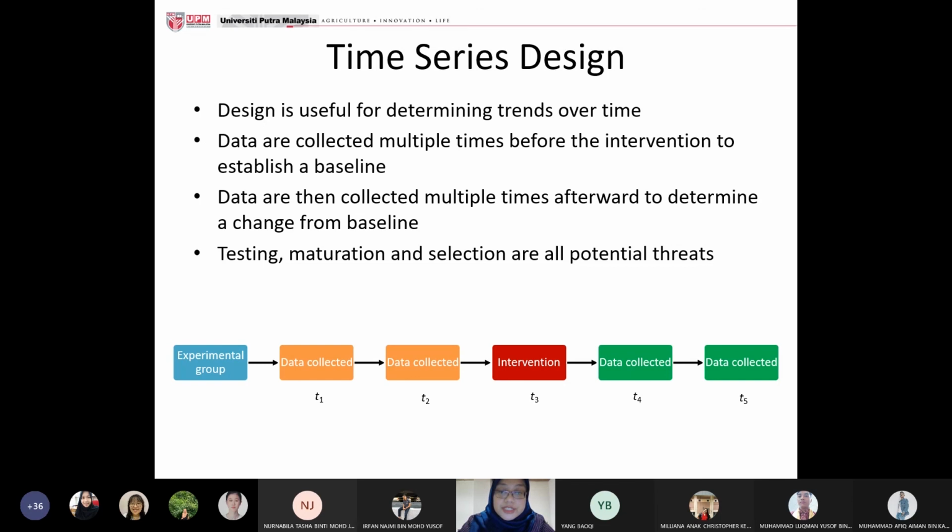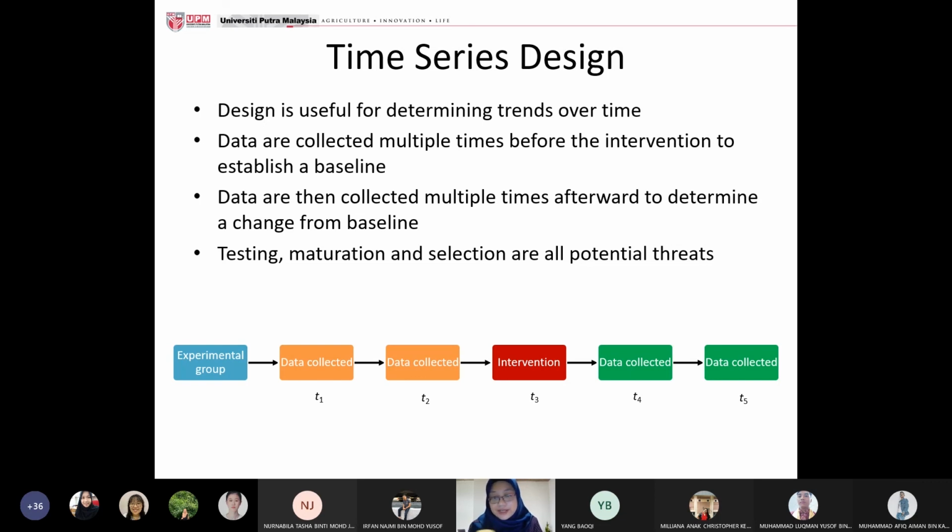Okay, maturation, I just want to add, what it means is, like I said before, when they do the test, especially if, for example, you're doing the survey, right? The question in each survey is similar. When they do it the first time, they will do it very seriously. But the second time, they got the same question. After 3 months, same question.